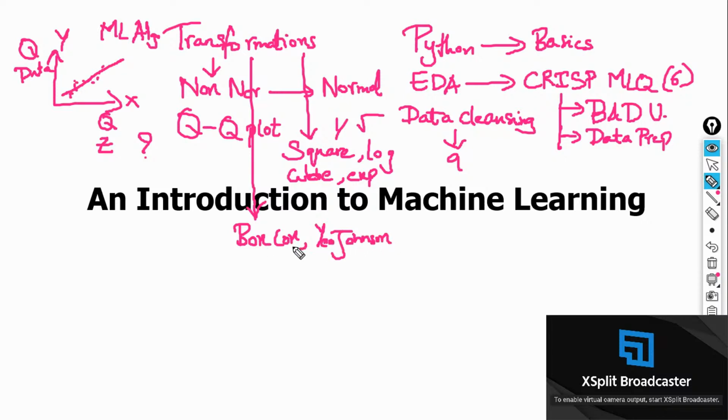So what makes the difference between Box-Cox and Yeo-Johnson? Both of them are part of automated transformations. Both of them work in a similar manner, but there is a difference between Box-Cox and Yeo-Johnson. What is that? What is the challenge that Box-Cox has?